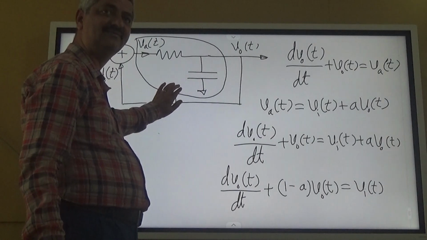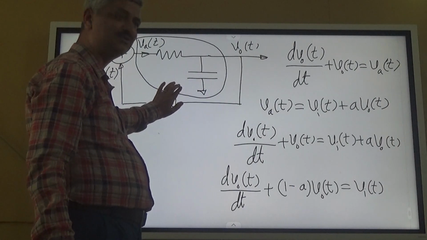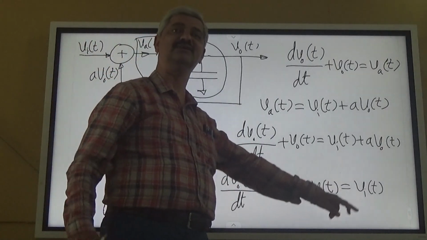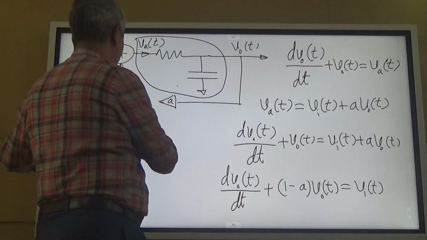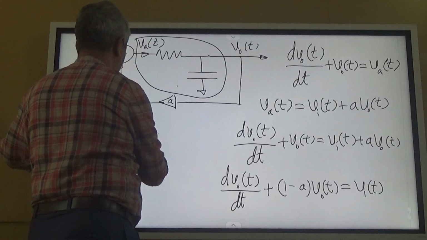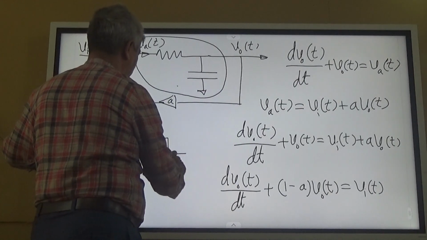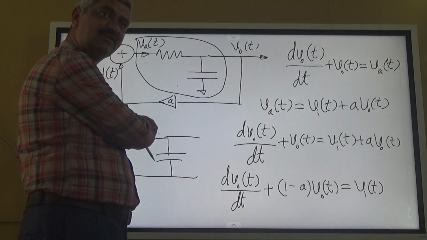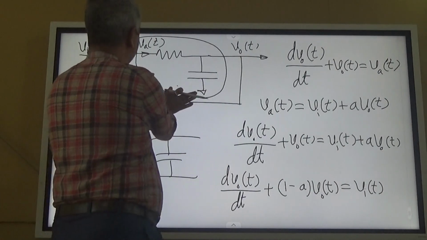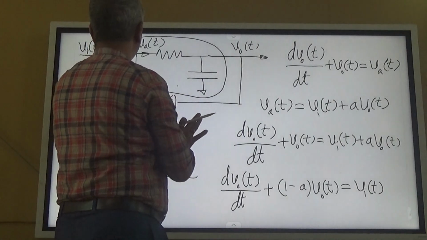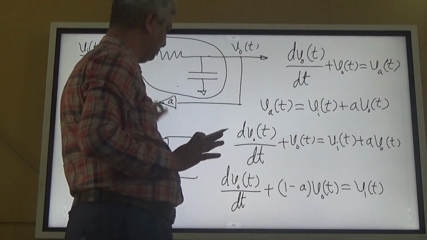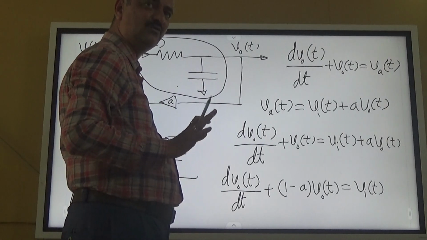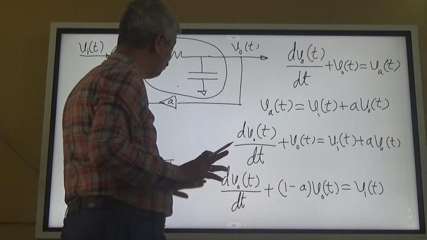So dVout/dt plus Vout equals Vin(t), the original equation, that is the original circuit. Since there is no other input, if A is 0, Va equals Vin(t).